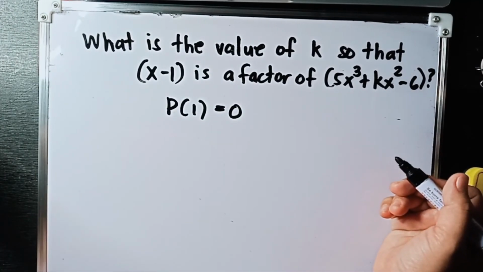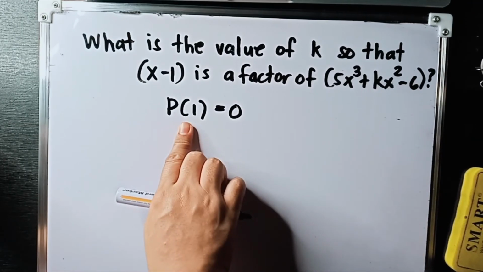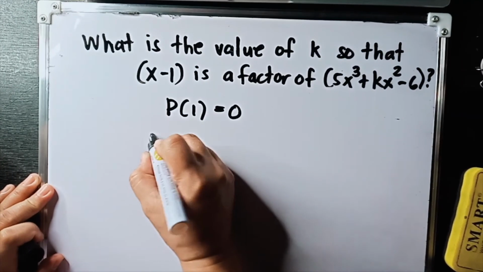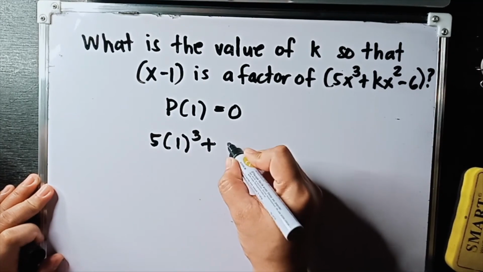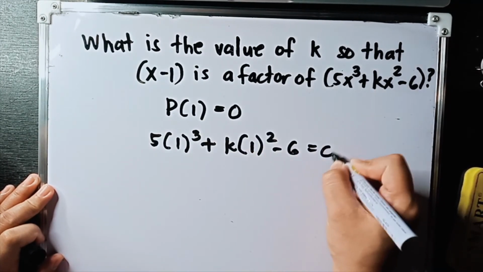So how do we do that? We substitute the value of x by positive 1 in this equation. So we have 5 times 1 cubed plus k times 1 squared minus 6 equals 0.